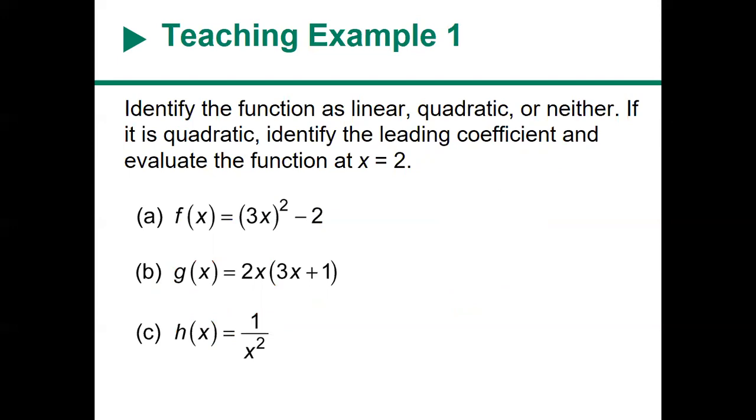Why? Because it's squared. This little 2 says that I'm dealing with a quadratic. So I'm going to simplify this. When I simplify, I distribute the 2 to the 3 and the x. So now I have 9x squared minus 2. And that is a quadratic, right? Because the highest power is a 2.